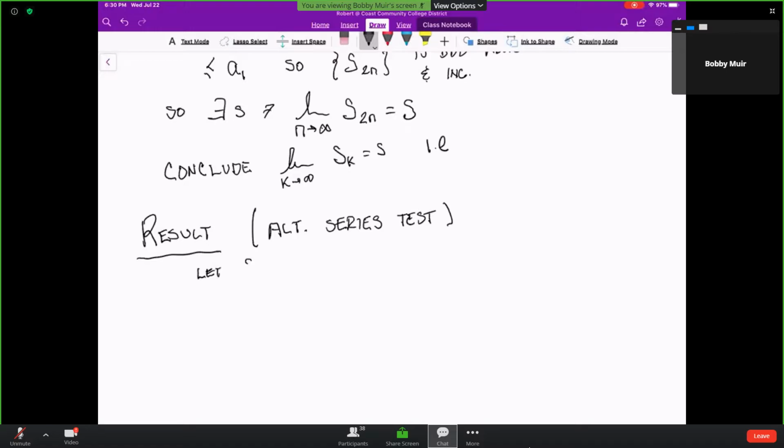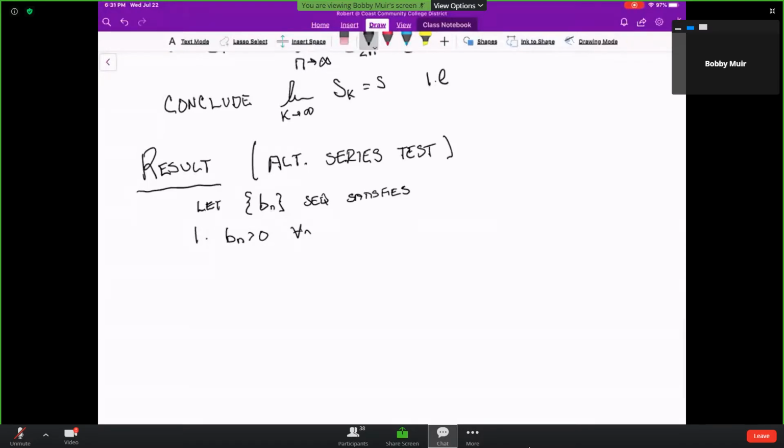Let b sub n be a sequence that satisfies: number 1, b sub n is positive for all n, just to make sure we actually have an alternating series; 2, the limit as n tends to infinity of b sub n has to equal 0; and 3, b sub n plus 1 is less than b sub n for all n.